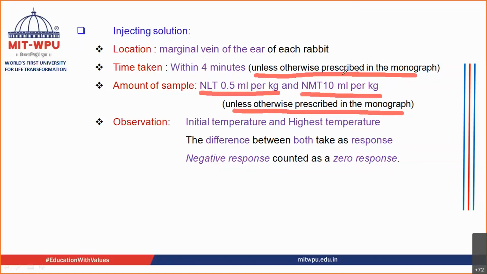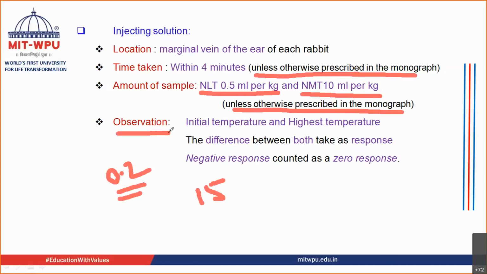If your monograph for that particular injectable says it should be 15 ml per kg body weight, then you have to follow that. If your monograph says it should be 0.2 ml per kg body weight, then you have to follow that. If not, then it should be between 0.5 ml to near about 10 ml per kg body weight, right?